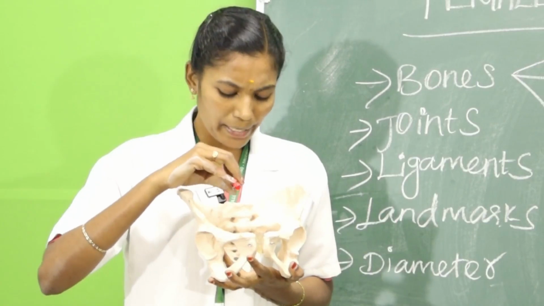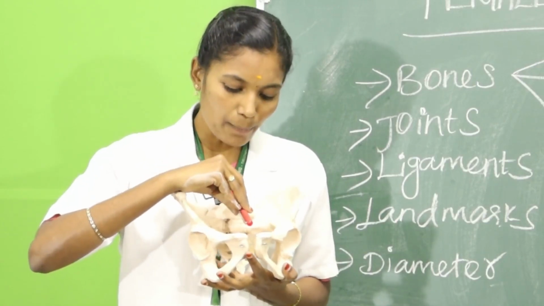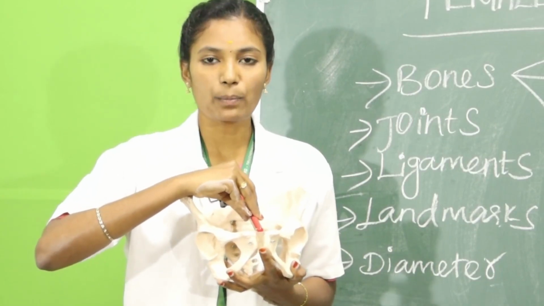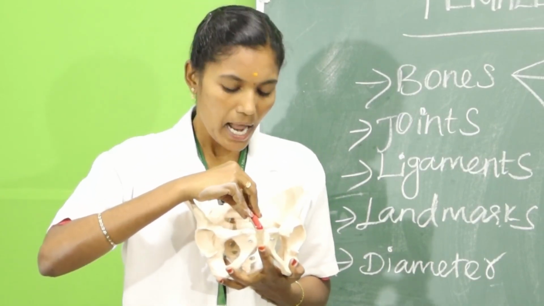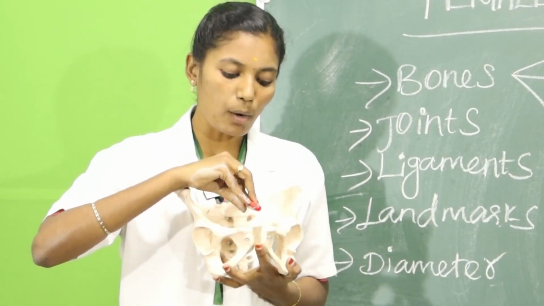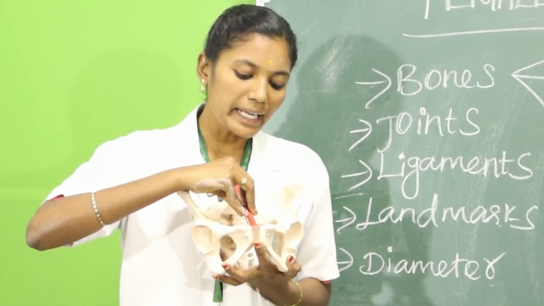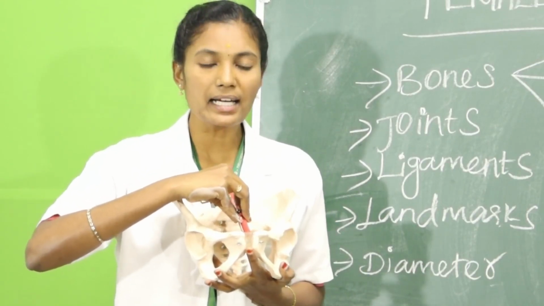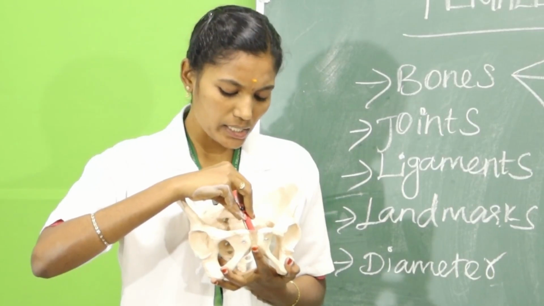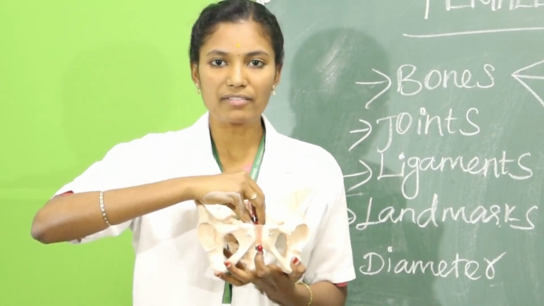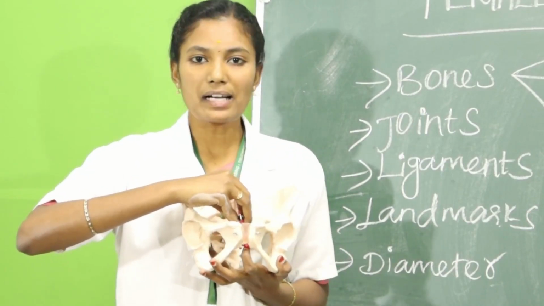The anatomical conjugate is from the sacral promontory to the uppermost point of the symphysis pubis, which is 12 centimeters. The obstetrical conjugate is from the sacral promontory to the upper inner border of the symphysis pubis, which is 11 centimeters. The diagonal conjugate is from the sacral promontory to the lower border of the symphysis pubis, which is 12 centimeters.